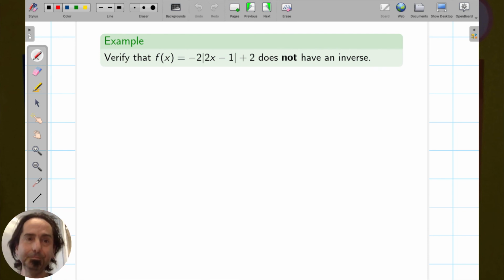Complicated example, but it's actually not hard to think about. Let's think about this in terms of what's really going on, graph transformation.